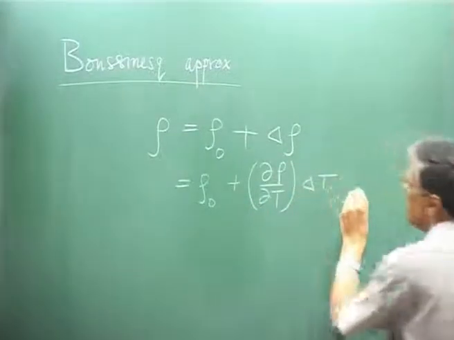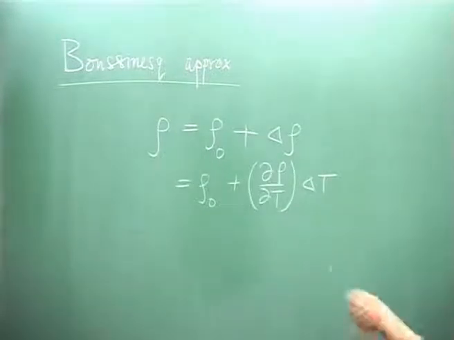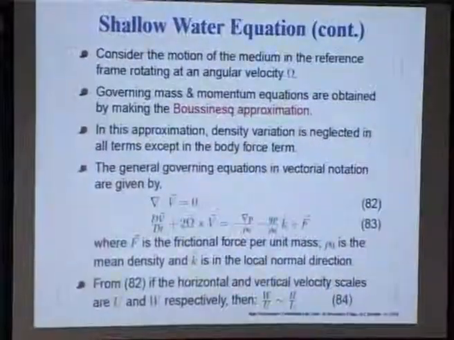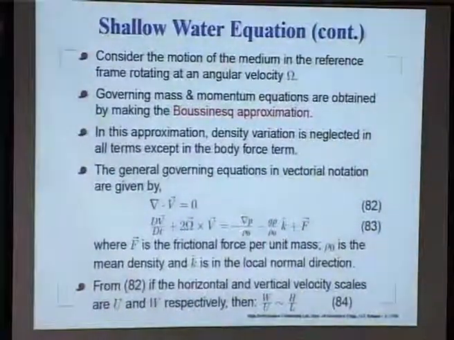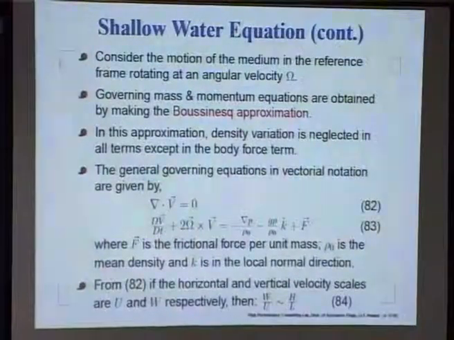So, any temperature variation will bring about change in density, and this density variation is kept only in the body force term. So, the body force is due to gravity. So, that is rho g acting along the k unit vector. So, that is why we use the actual density. In rest of the terms, we keep the nominal value, that rho naught that we are mentioning here.